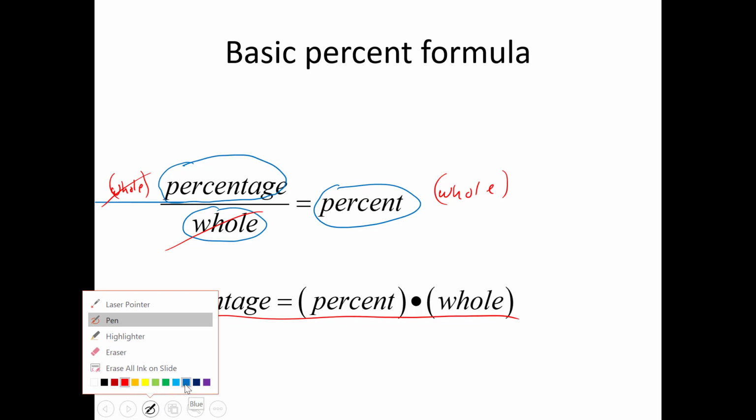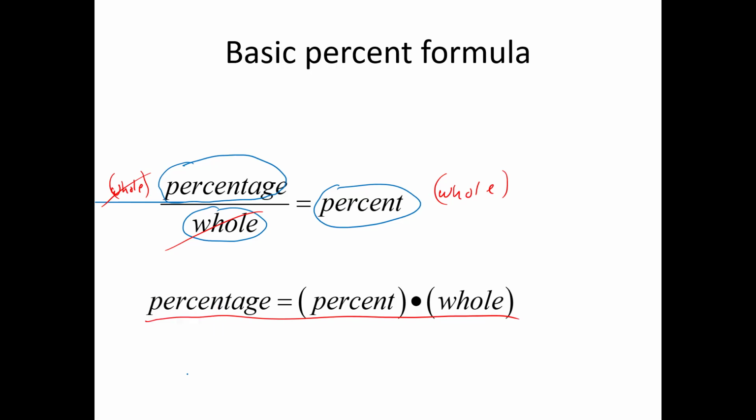And if it is, then you can apply this formula. Once you apply this formula, your formula has three parameters: the percentage, which is the part of the whole, the percent, which is the ratio, and you'll be able to recognize that because it typically has a percent symbol, and then the whole. And your percentage is just the percent times the whole.